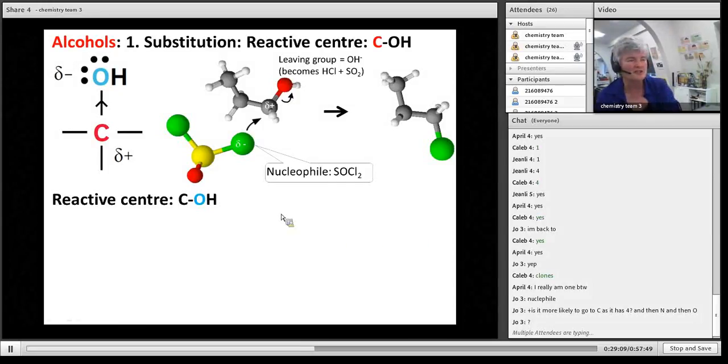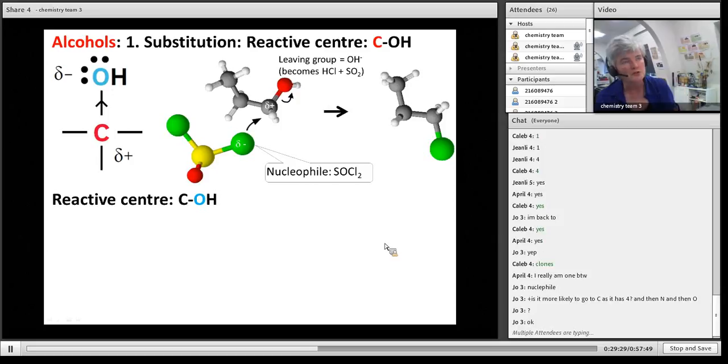So carbon doesn't really come into it in terms of sharing, but oxygen has lone pairs, nitrogen has a lone pair, and also the halogens. But the halogens don't like sharing. They hold on to the, I can't say they hold on to the electrons more strongly, but obviously oxygen has a high electronegativity.